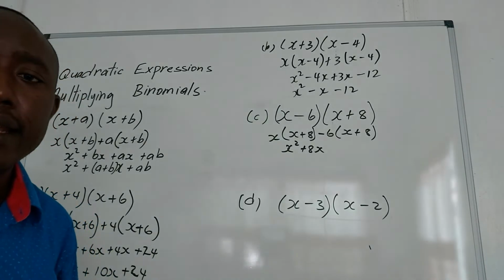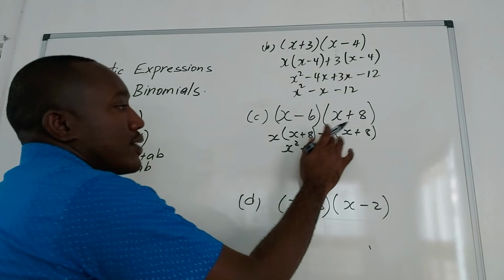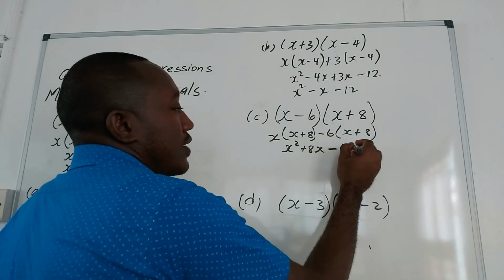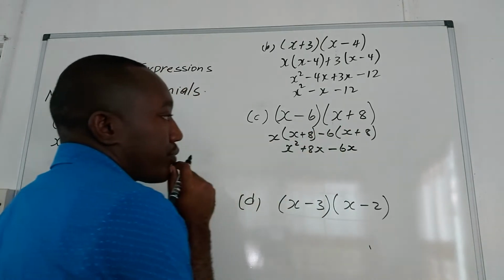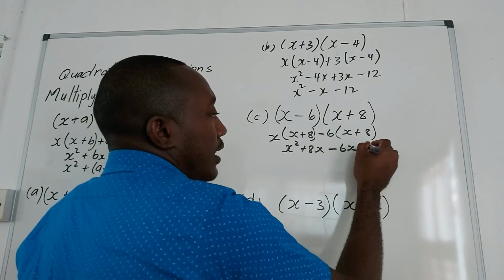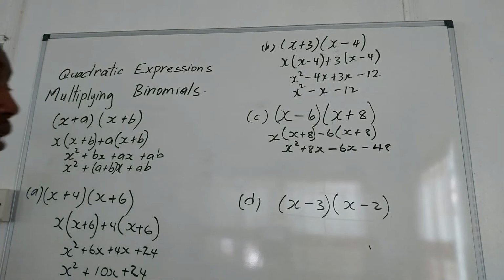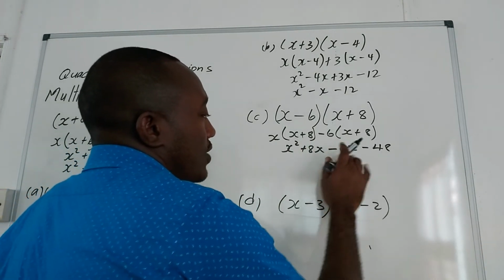We're multiplying by negative 6. So negative 6 times x, negative 6x, and negative 6 times 8 will give us negative 48. Alright? So now we subtract 8x minus 6x.